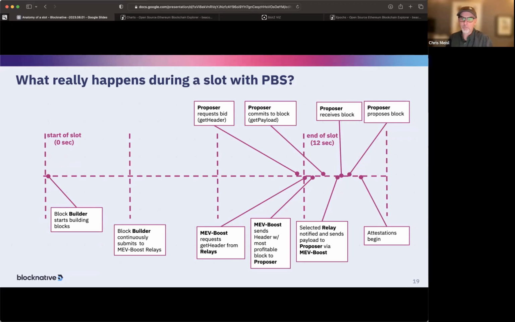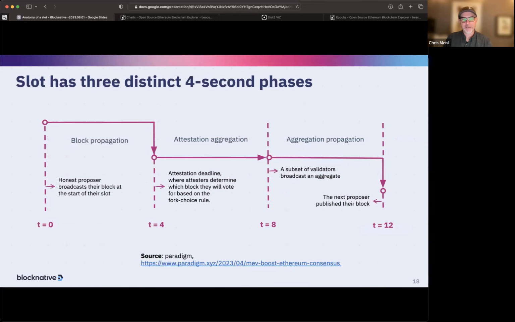And then once that proposed block starts to propagate, all the other validators that are part of the committee for the current epoch can start to do their attestations, and then those attestations get aggregated, et cetera. So this is the sequence. I don't know if it's clear in this diagram, but there's something very different about this diagram and this diagram, which is that this one goes from t equals 0 to t equals 12 seconds.